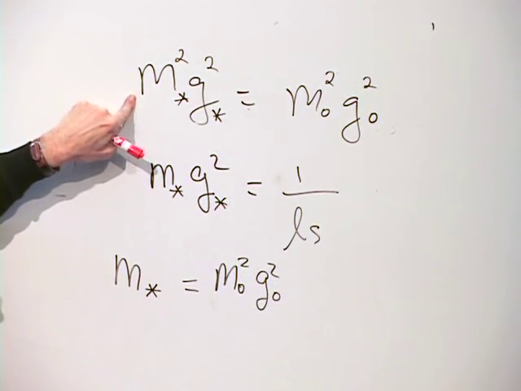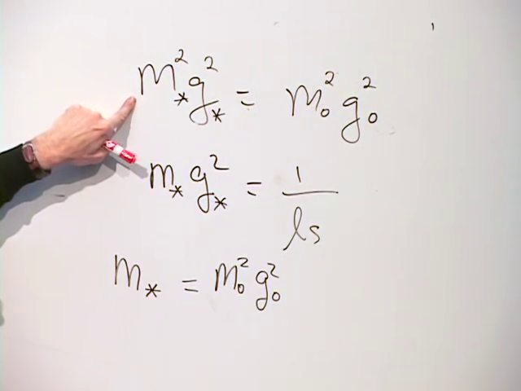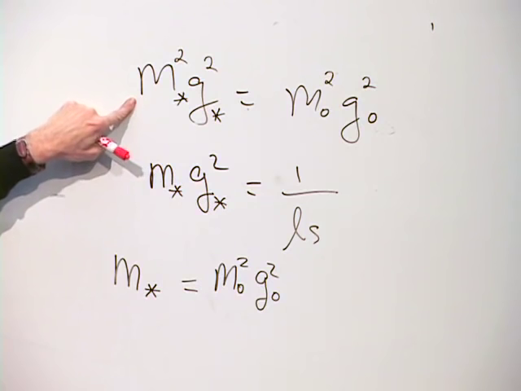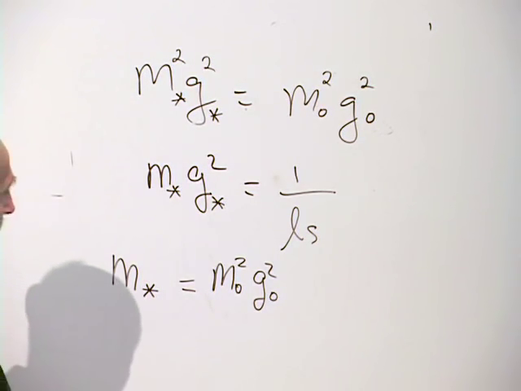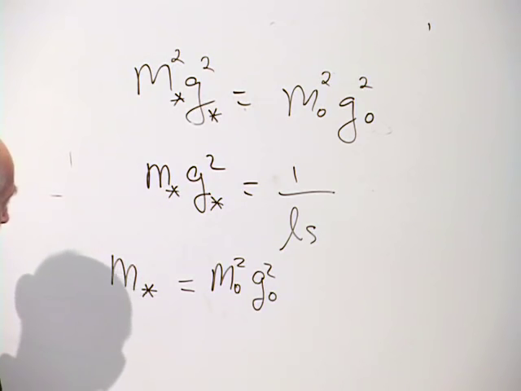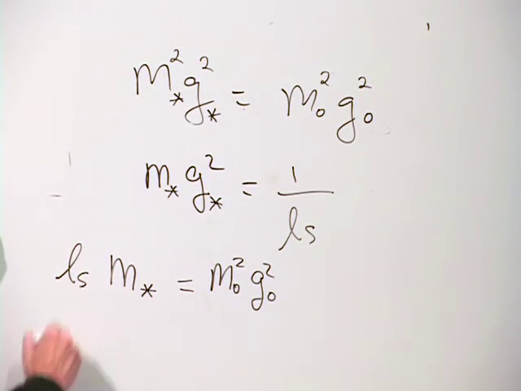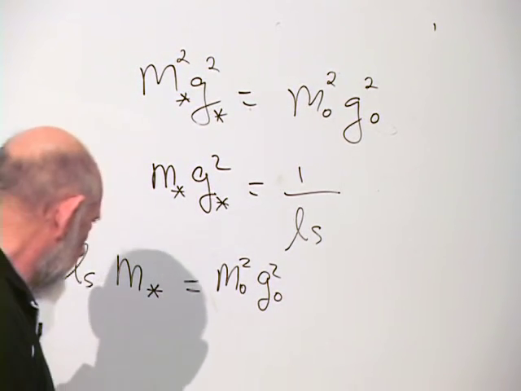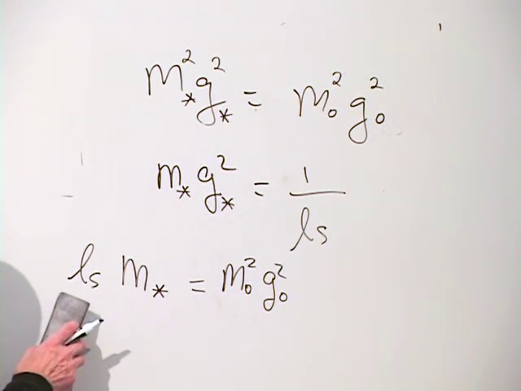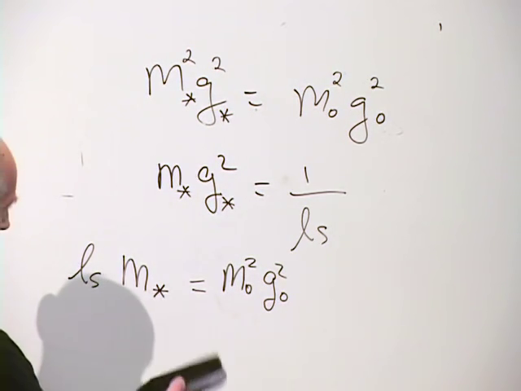Divided by 1 over L string. So multiply by L string. This one has to be L string over here. You're dividing the equation by the other equation.